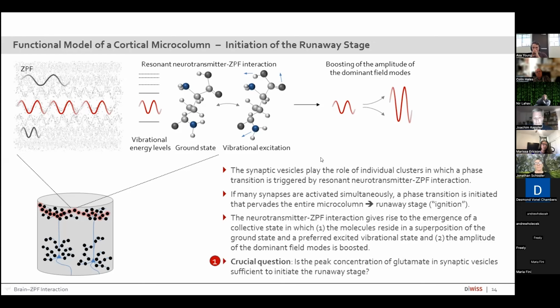And now the crucial question: is the peak concentration of glutamate in these synaptic vesicles sufficient to initiate the runaway stage? Is the concentration of glutamate in these pockets high enough to trigger this process? This will be the crucial question. It can only be solved via a calculation, as we will see.